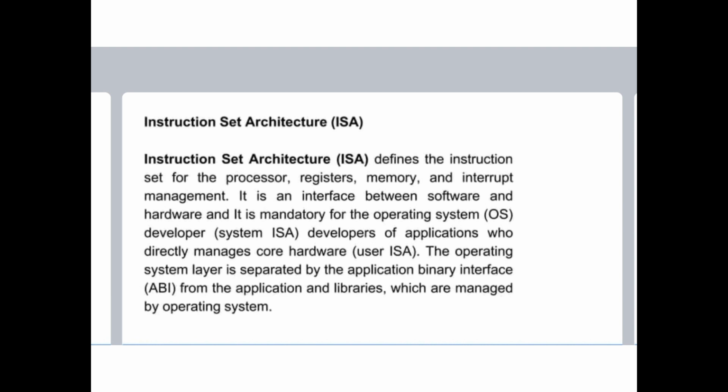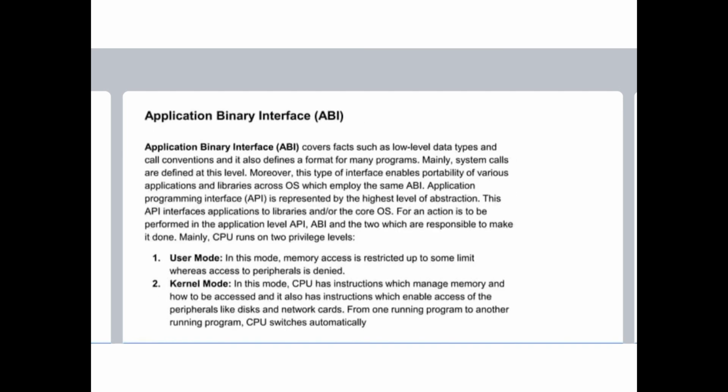Developers of applications can directly manage core hardware. The operating system layer is separated by the application binary interface from the application and libraries which are managed by the operating system. The application binary interface is also known as ABI.